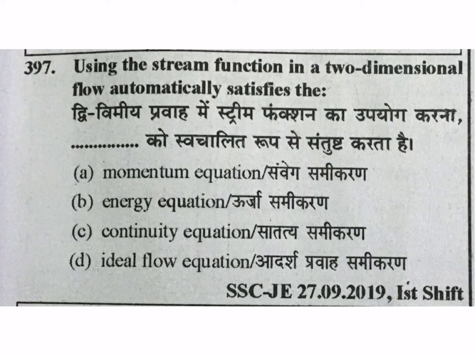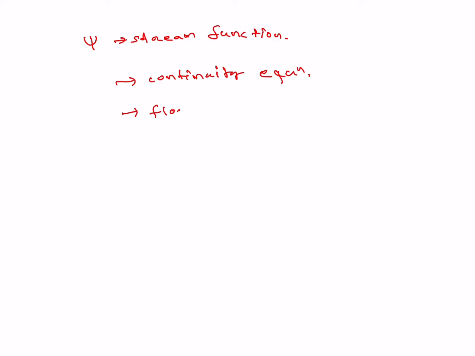Next question, SSC JE 2019 question: using the stream function in two-dimensional flow automatically satisfies. So stream function in a two-dimensional flow field exists means it should satisfy the continuity equation, and flow can be rotational or irrotational.